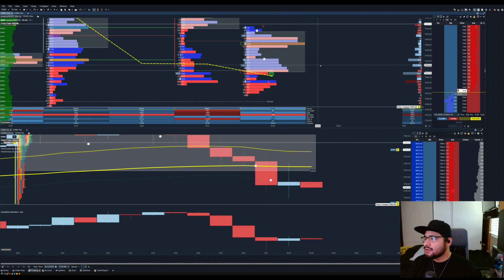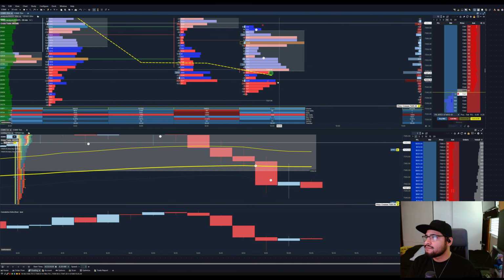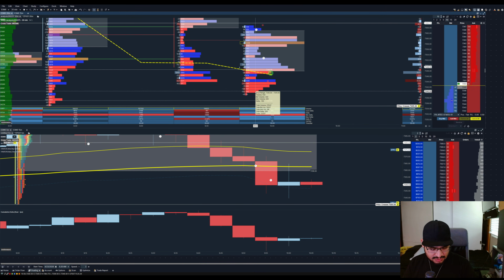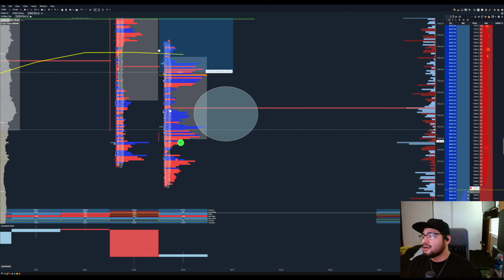Okay, this is a 30-minute. I don't hate the bottom of this candle. It does look like exhaustion. I get those phrasings confused, exhaustion, absorption, but it does look like that on this candle too. I like the bottom of this candle, so I could see us moving up from here.